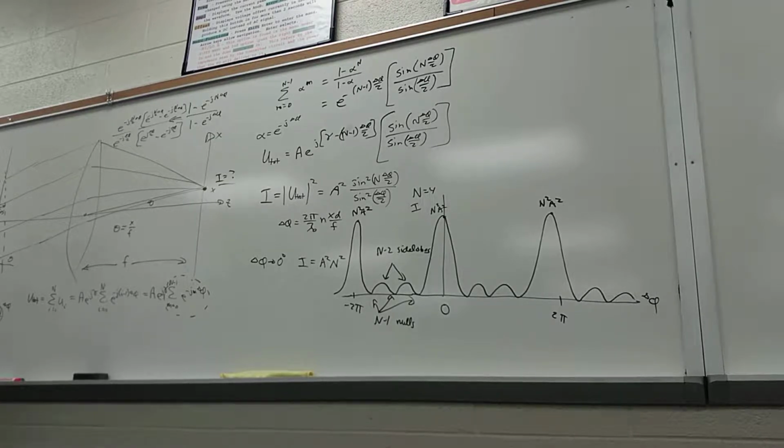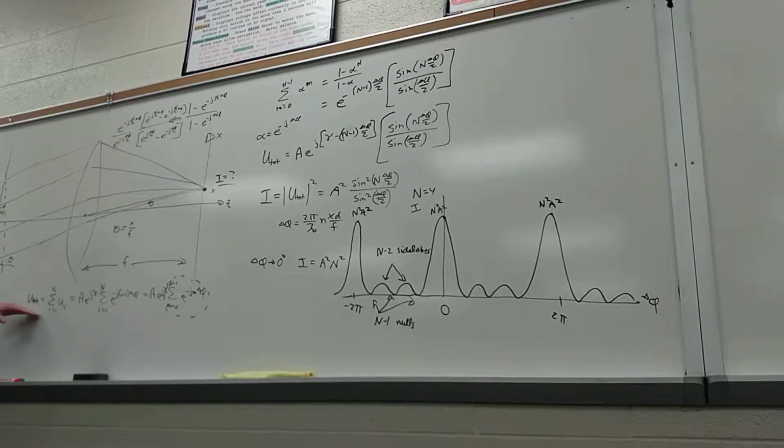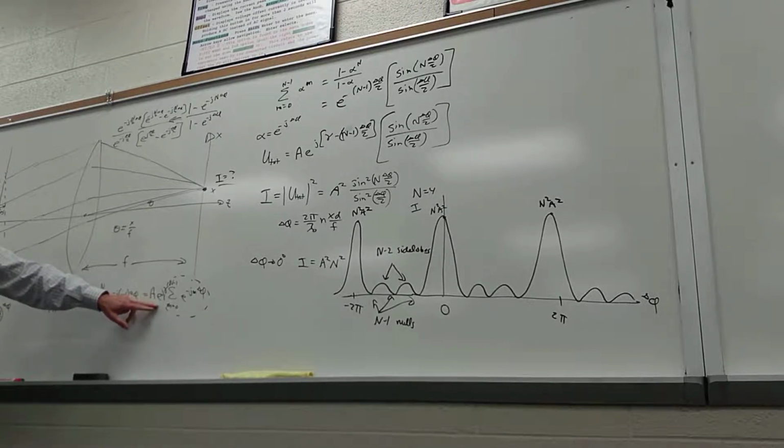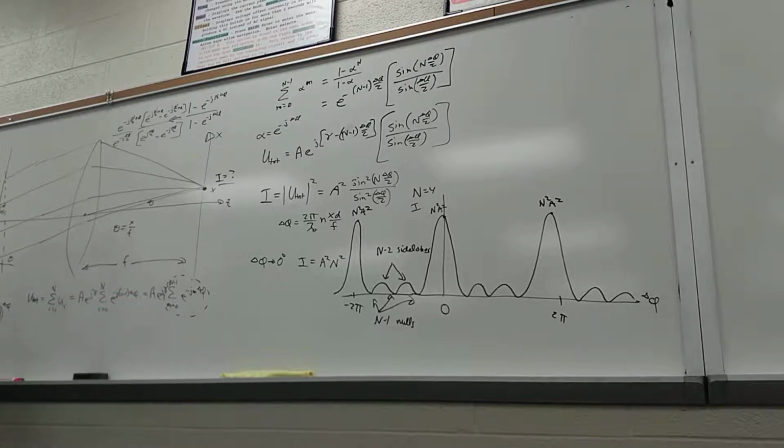And it turns out that there are a number of instances in optics where you end up with interference of this form, where you have a bunch of beams that have this form in terms of the phase difference.